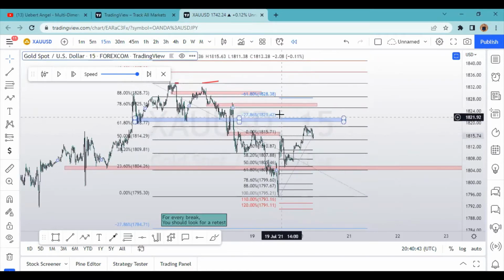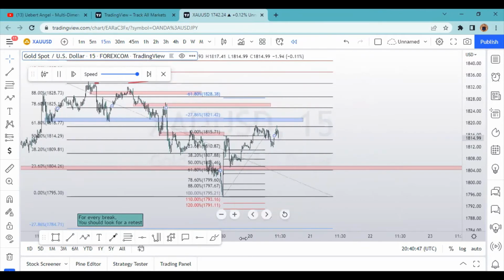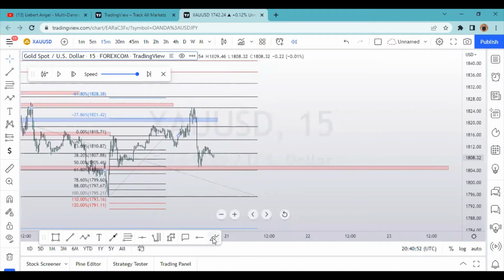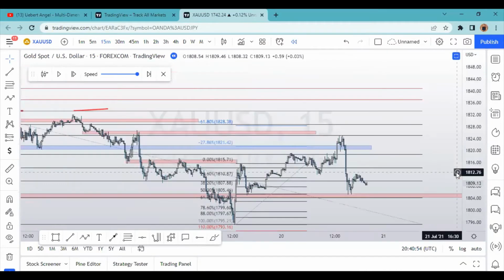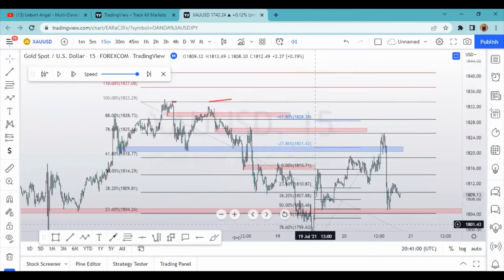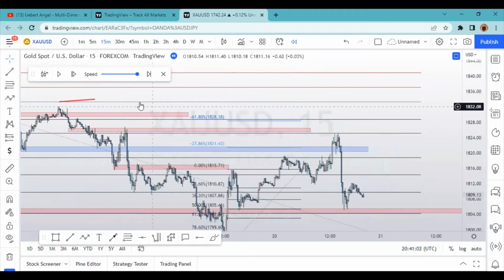So price can keep going higher. So we already have that bounce. So we touched the 78% zone, 78.6%, which is also this level over here. And how did I know that this wasn't going to stop here? Because of liquidity.